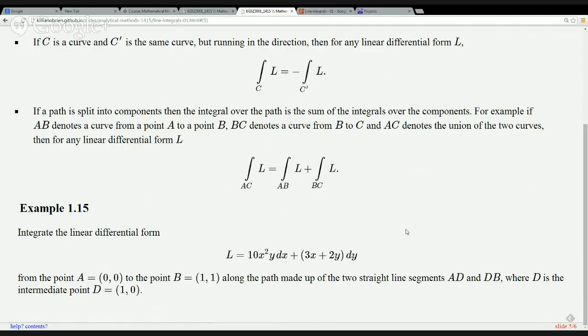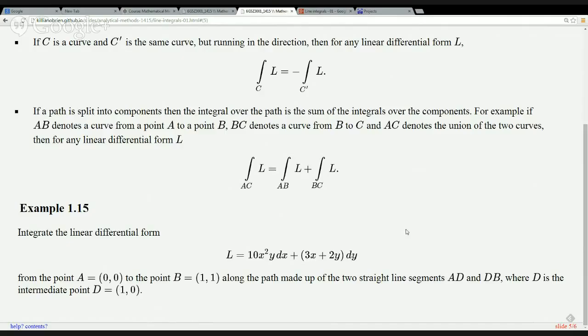Because the thing you're integrating, the linear differential form, is just identically 0 on C1. On C2, what does L look like? Well, you impose the conditions of C2. So the dx is 0. So you completely ignore that first bit, the 10x squared y dx. That's rubbed out because the differential dx is 0.